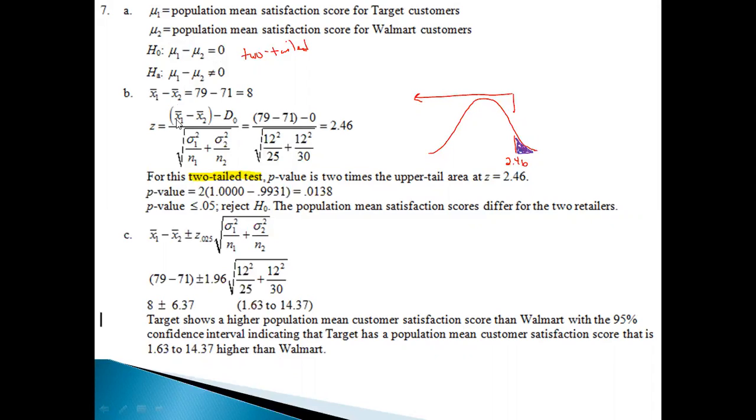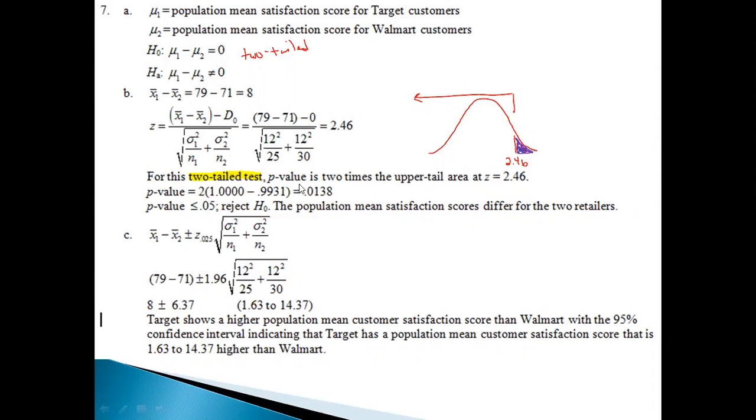So it's the mean difference minus d naught, which is going to be our 0 here. So basically 8 minus 0 over the square root of, now the standard deviation they told us we could use was 12, and then we just have to use the numbers they gave us, 25 for Target and 30 for Walmart. And we do all that calculation, we get 2.46.